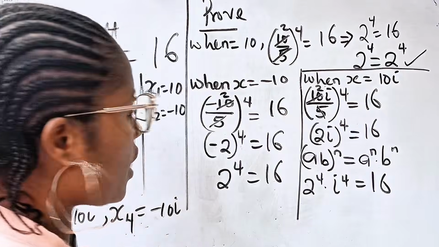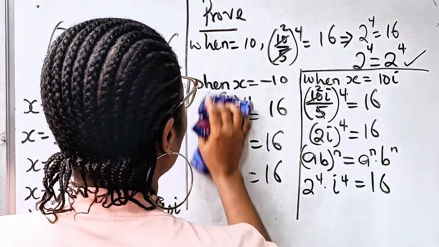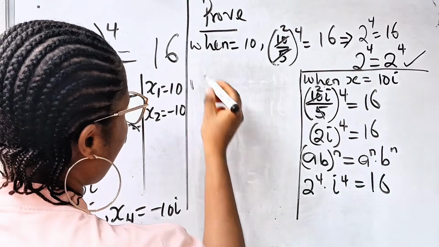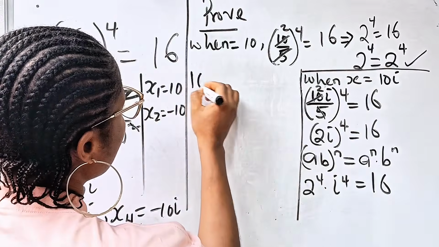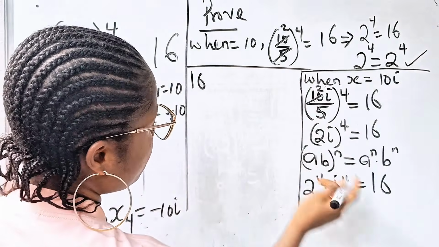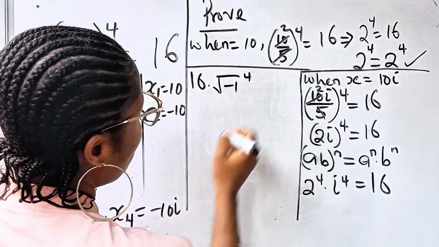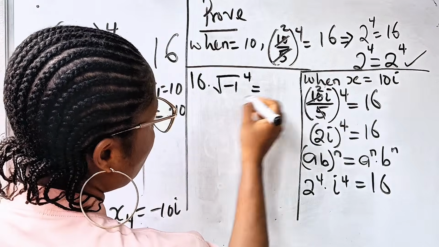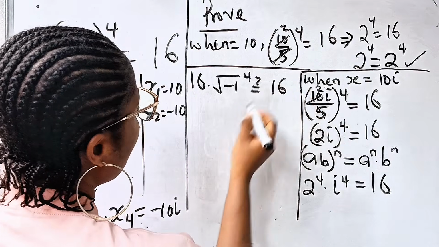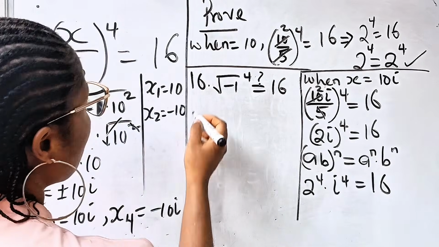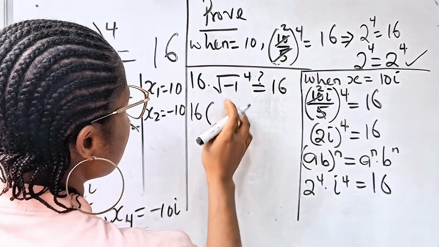And i is root negative 1, right? So we have 16 multiplied by root minus 1 to the power of 4 is equal to 16. Now we don't know, so let's put an equal question mark. So we have 16 bracket.